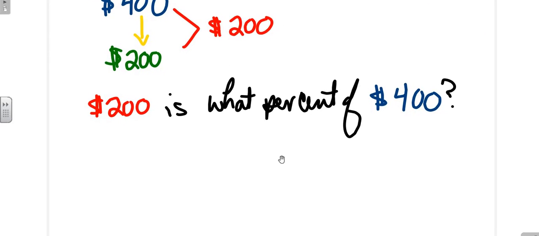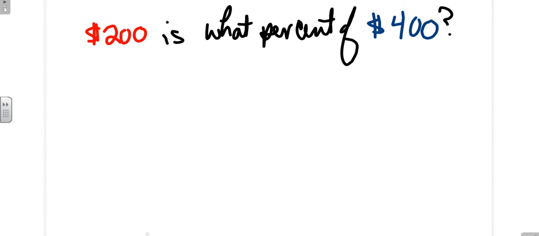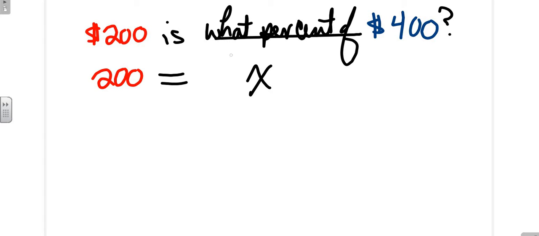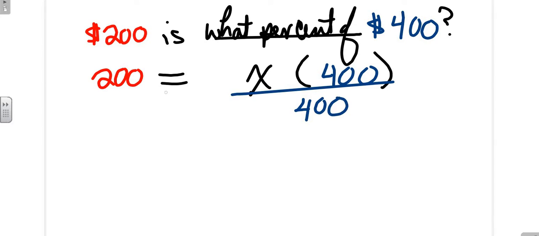We're going to translate this directly into an equation. Ready? 200 is an equal sign. What percent? We don't know, so we're just going to call that X, of 400. That's multiplication. So to solve for the unknown, we're going to divide by 400.